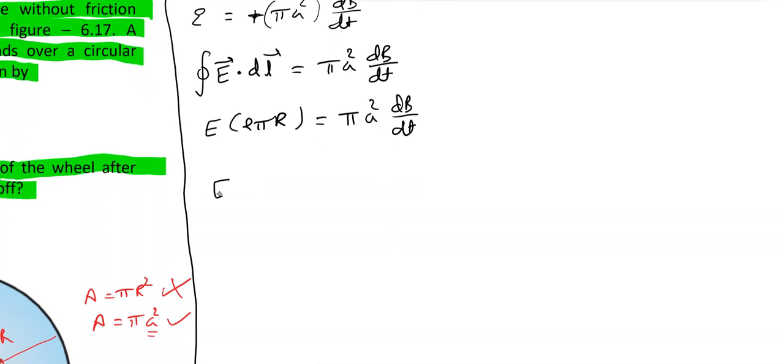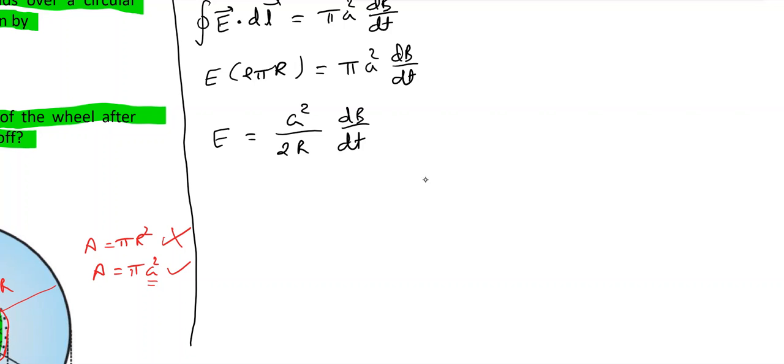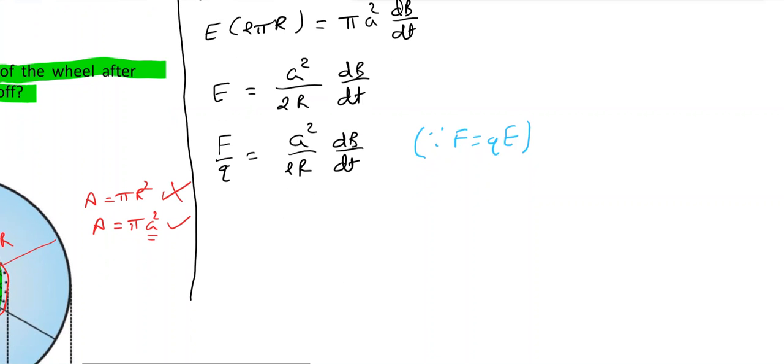On simplifying, we get E equals a square upon 2r dB by dt. Now we know that force in electrostatics is F equals QE. Hence F by Q is a square upon 2r dB by dt, and F becomes a square Q by 2r dB by dt.